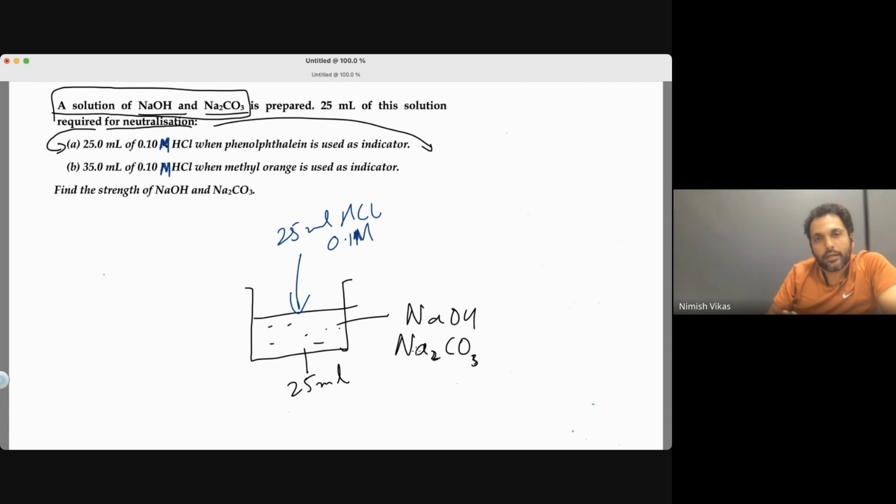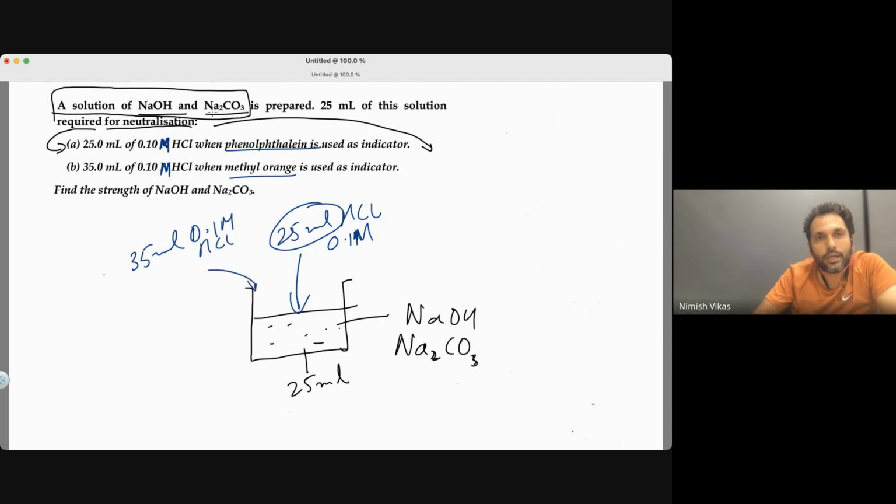Can anybody tell me why it shows neutralization with 25 ml HCl with phenolphthalein, and with methyl orange it uses 35 ml of the same 0.1 molar HCl?